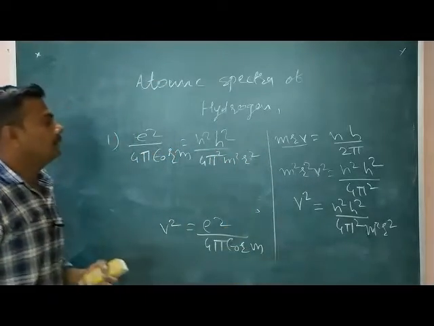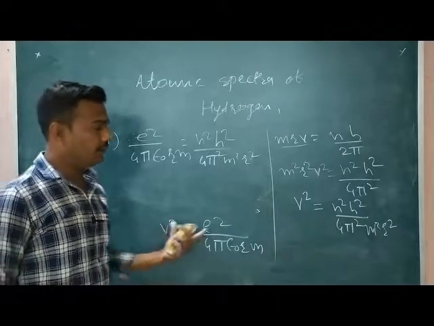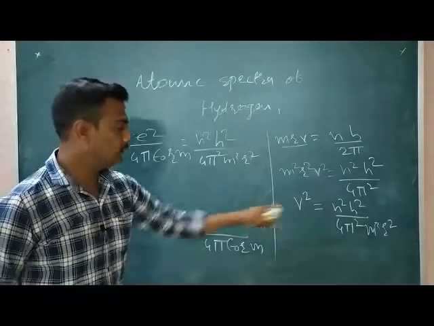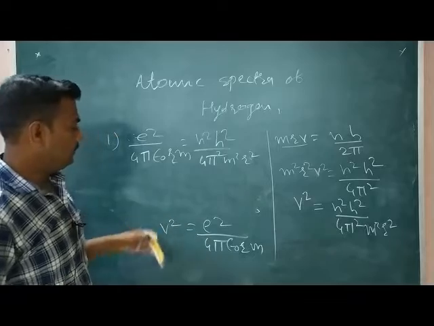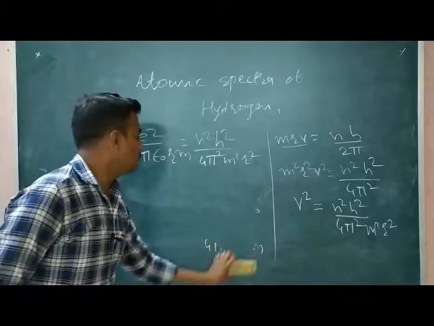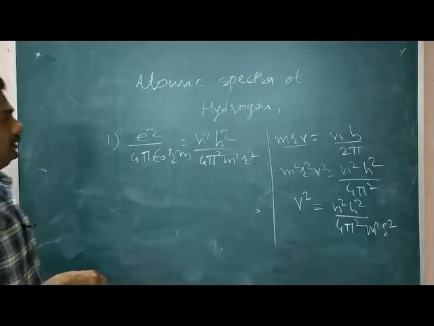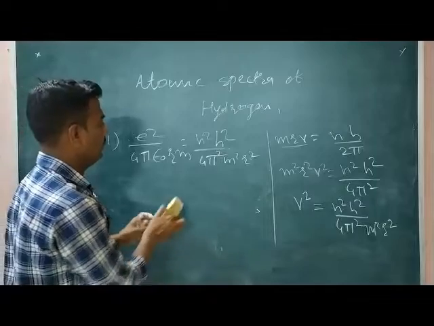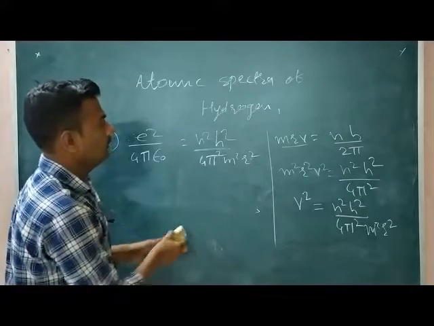We have equated these two v squares. Now let us see which terms remain: r square, r and m cancel with this square.